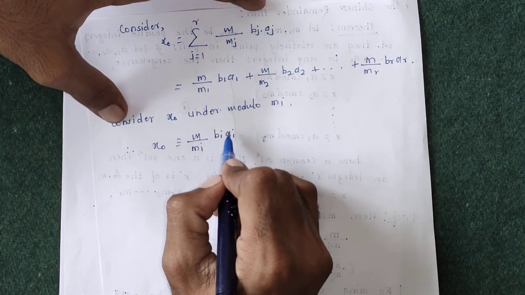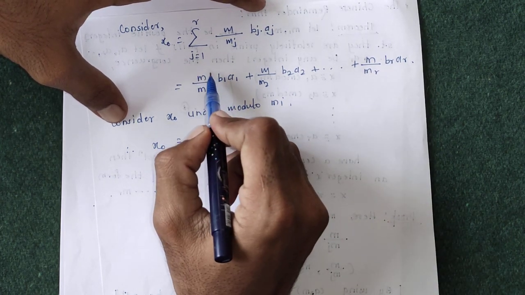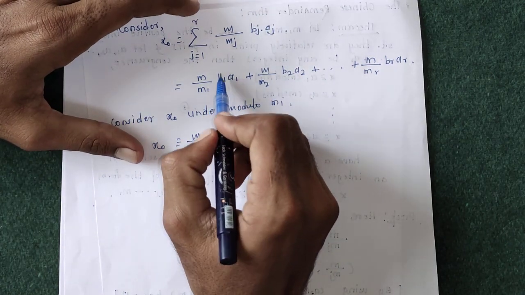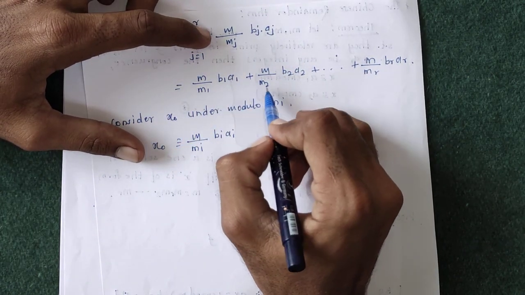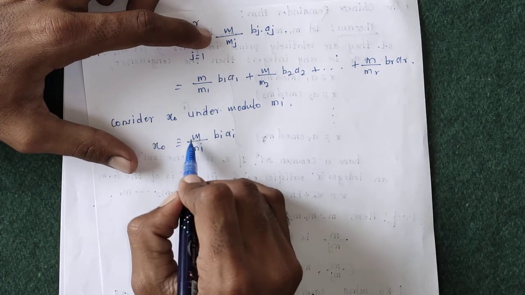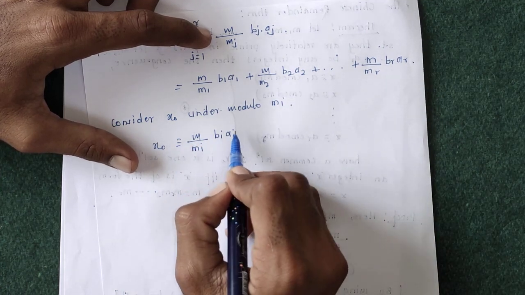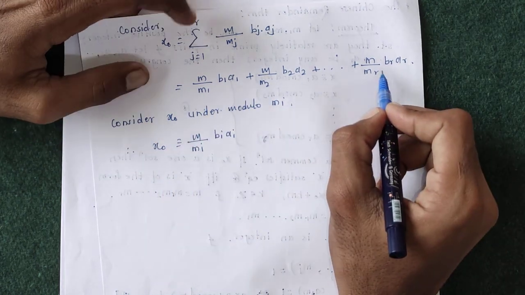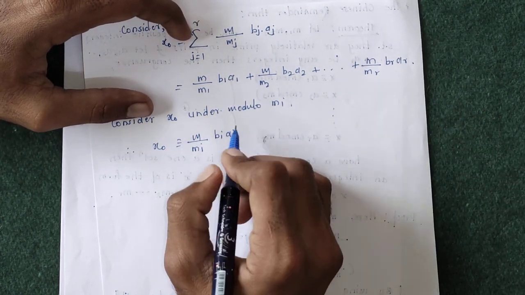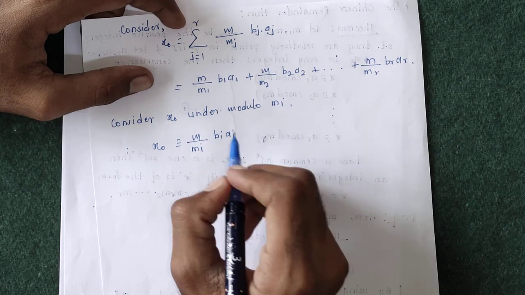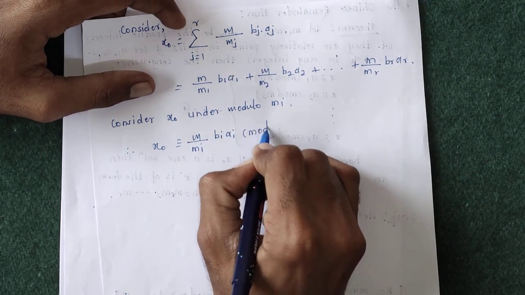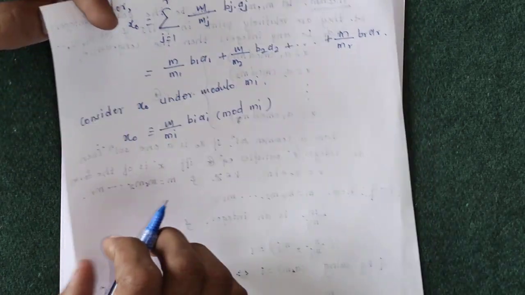So m by m1 b1 is congruent to 0, m by m2 b2 is congruent to 0, and only m by mi bi ai is not congruent to 0. So x naught is congruent to m by mi bi ai under modulo mi. This is by this step.